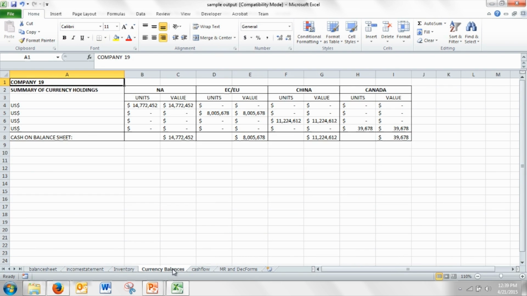Okay. Currency balances in this particular game. This was a single currency game, so you will just see balances across the diagonal here because all of the currencies are US dollars. In some games this may change, so you may have US dollars, euros, renminbi for China, and Swiss francs for home office.